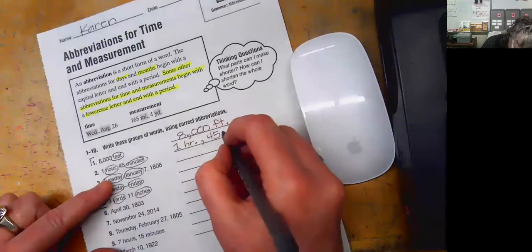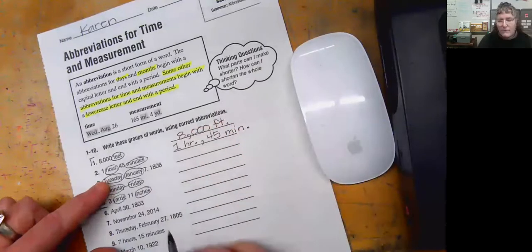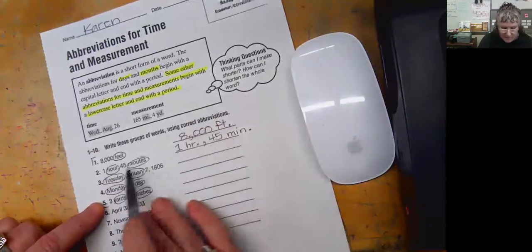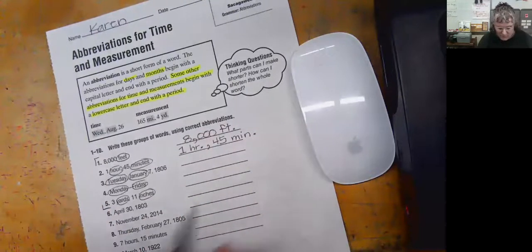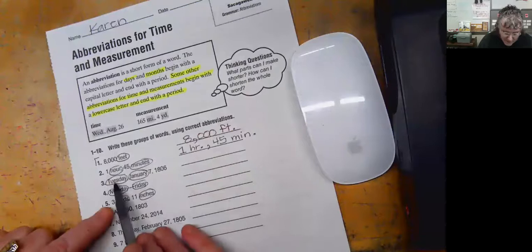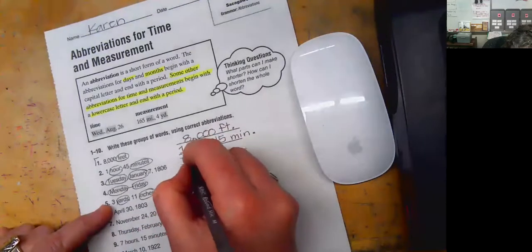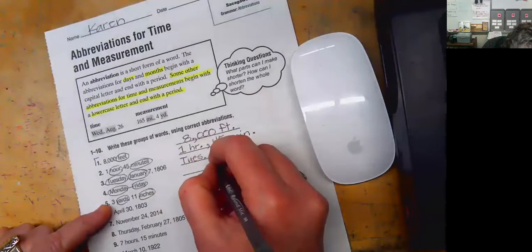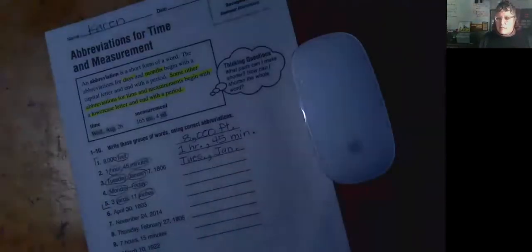Minutes is going to be MIN period. And I didn't capitalize any of these because they aren't capitalized in the actual group of words. These two are. So I'm going to abbreviate Tuesday, capital T-U-E-S, period, comma. January is J-A-N, period.